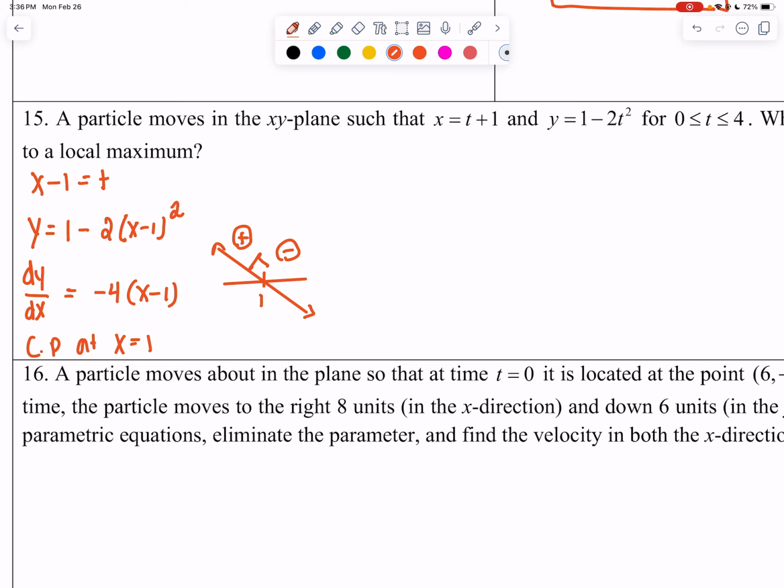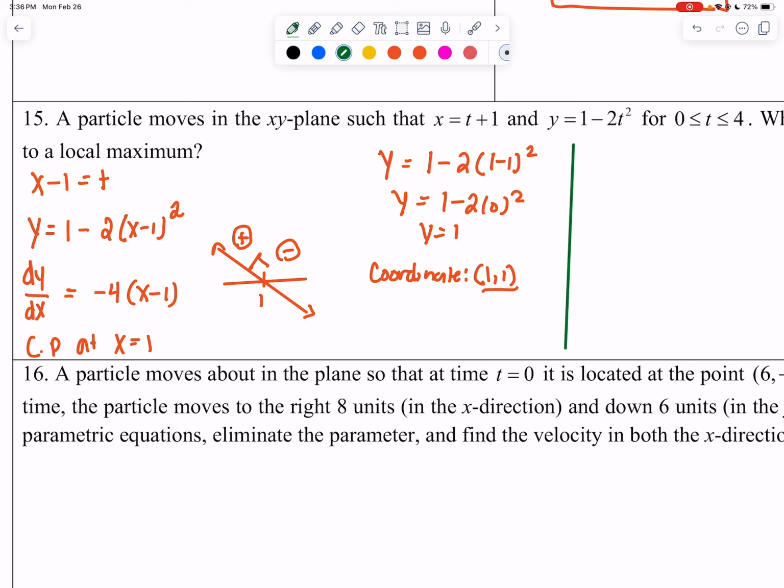If I have x is equal to 1, then this tells me that y is equal to 1 minus 2 times (1 minus 1) squared. That my y value is going to be 1. So my coordinate is (1, 1). Now that was the non-calculus way, the non-parametric way, using my traditional derivatives.